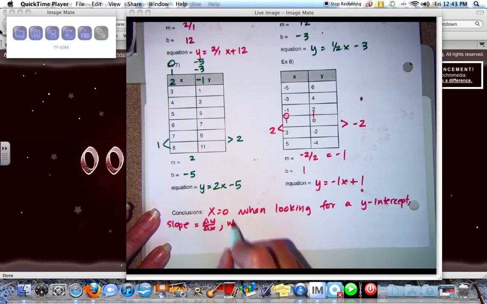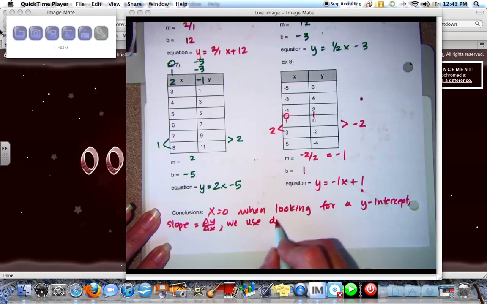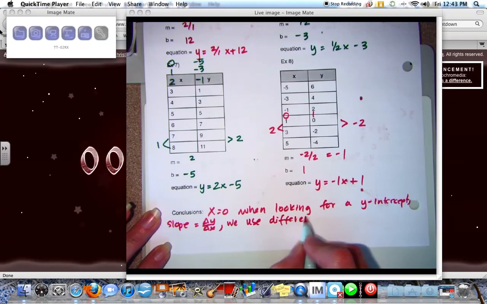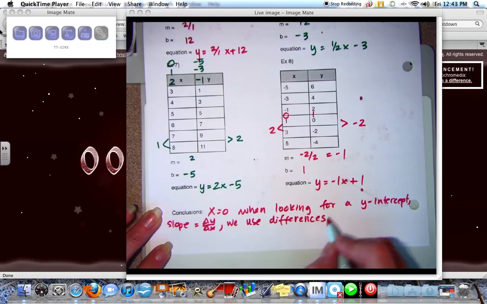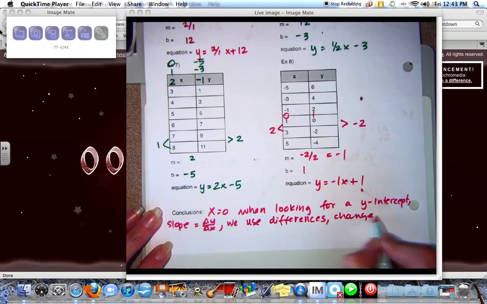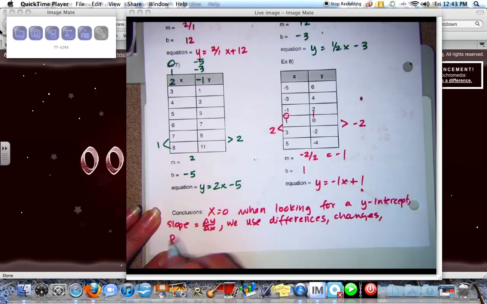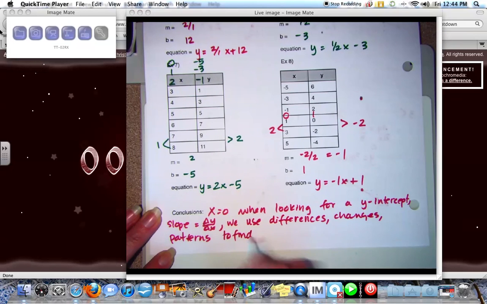So we can use differences, changes, patterns to find slope and the y-intercept.